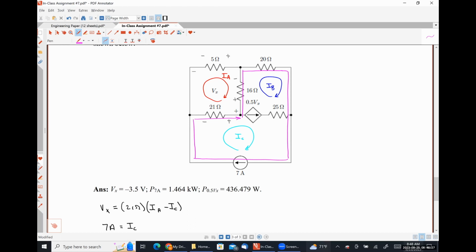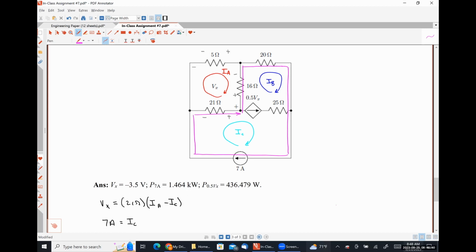Okay, so this is the exception that we talked about earlier. Anytime you have a situation like this, you're just going to have current relationships that govern things, because there is an interior current source that we're trying to avoid taking the voltage drop over.